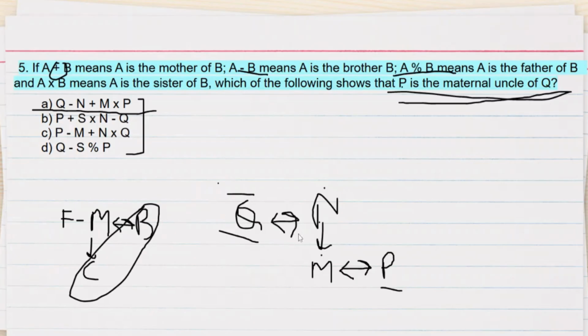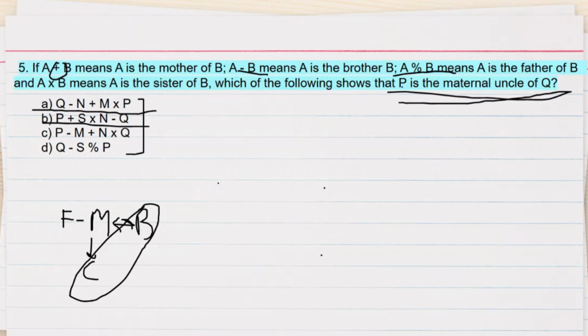But here it is not, right? If P is here and Q is here, then it could have been correct. But it's opposite. So it is not correct. Now comes the next part. We will erase these.